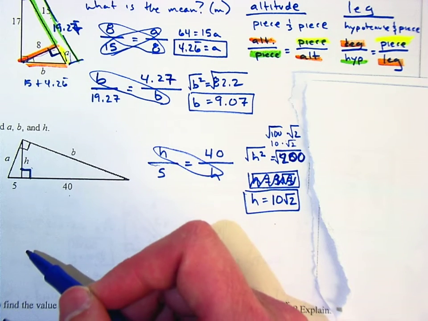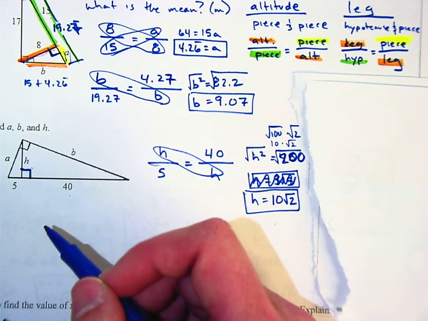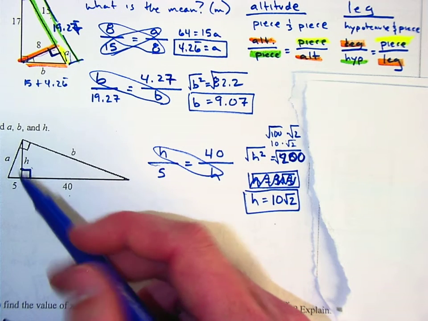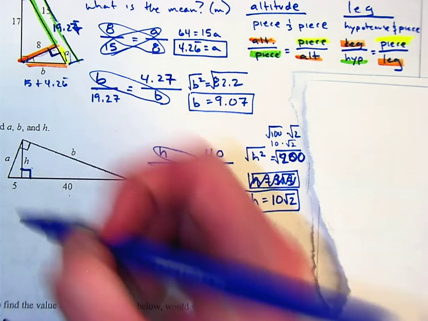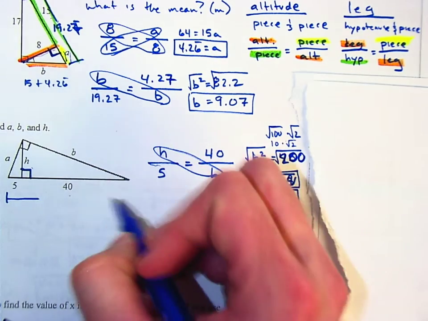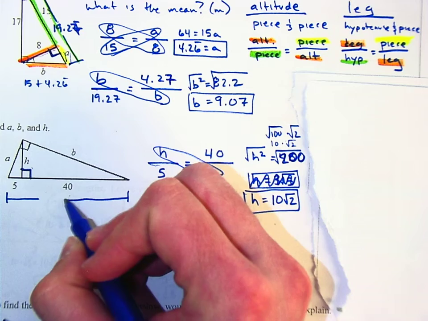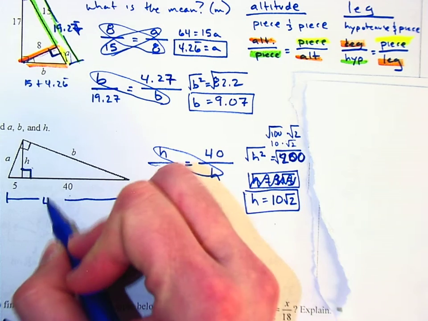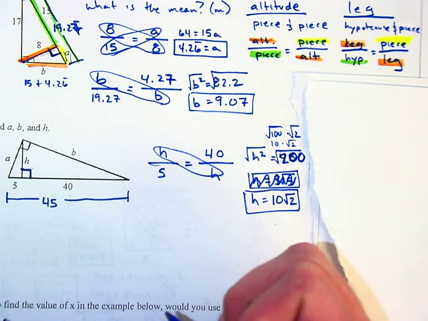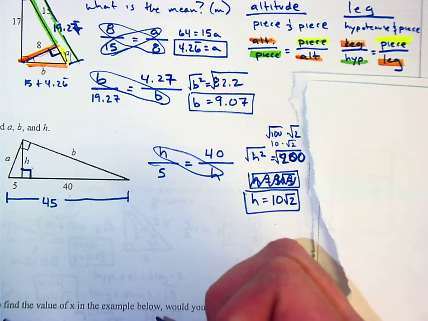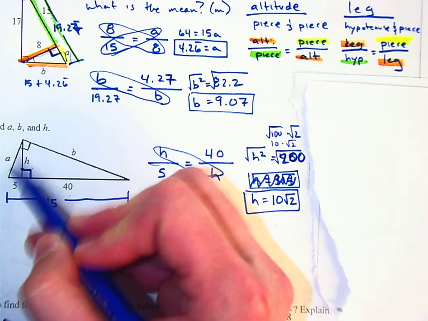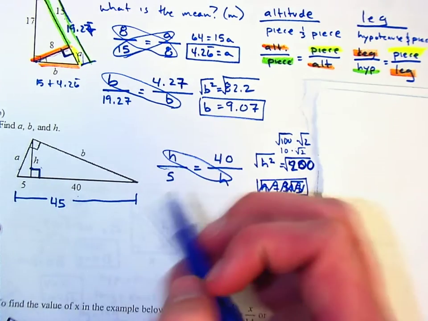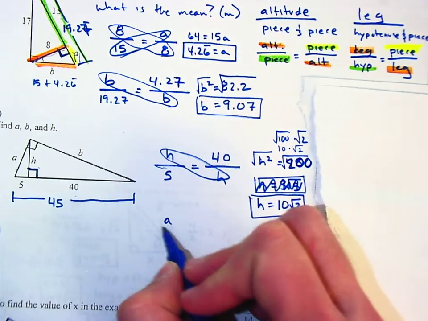Let's do A next. A is a leg. When the leg is the mean, then we need the hypotenuse. Well, the hypotenuse is this full or whole section right here. It's just 40 plus 5. That's 45. And the piece closest to the leg. Here's our leg A. The piece closest to it is 5. So we can set up our geometric mean.